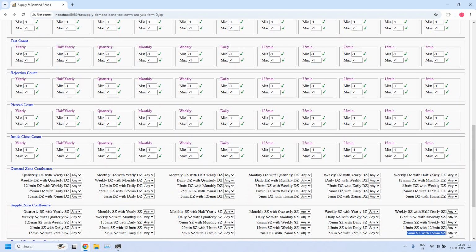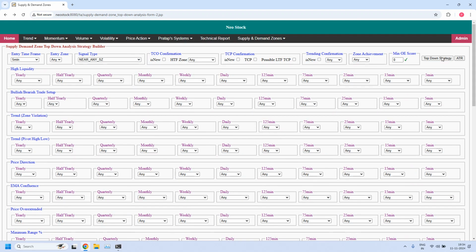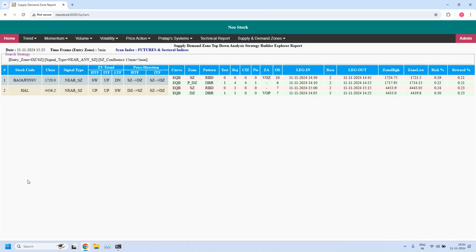So I enable the filter. Two stocks are filtered. Both the supply zones are part of the 15 minute supply zone. So with this we have completed stocks near demand and supply zones, also identified daily 75 minutes high liquidity zones.